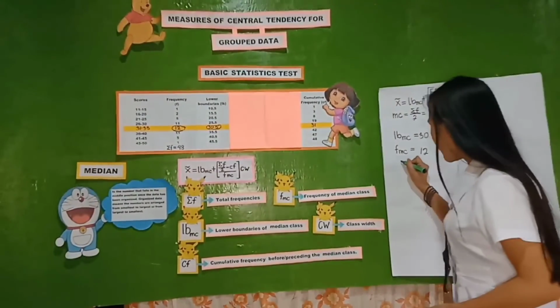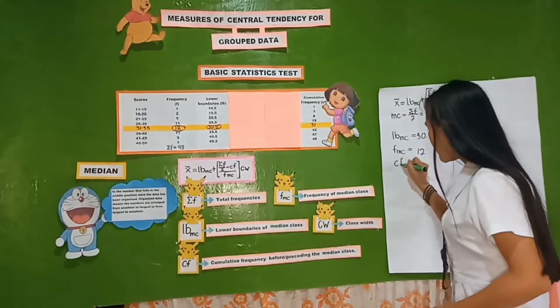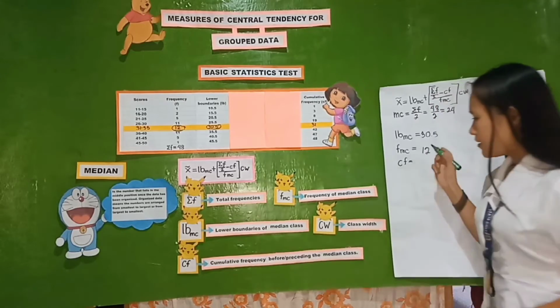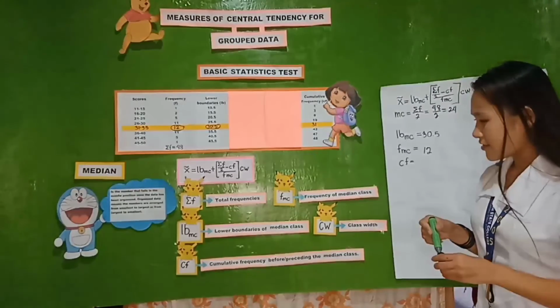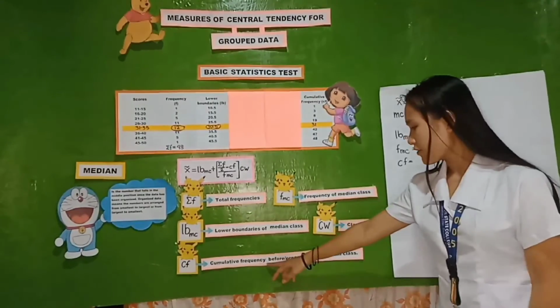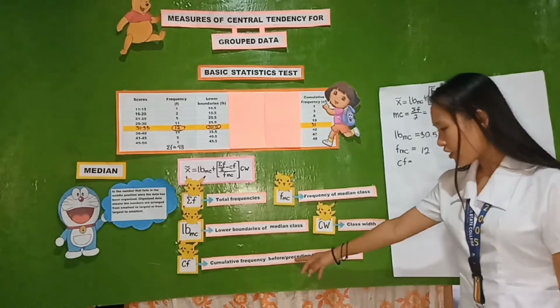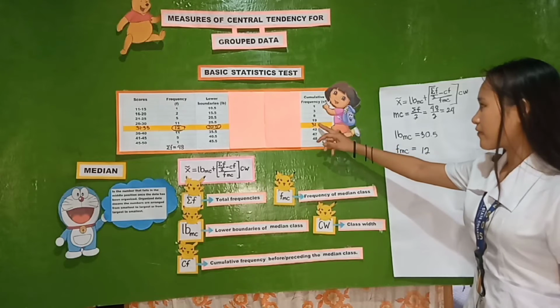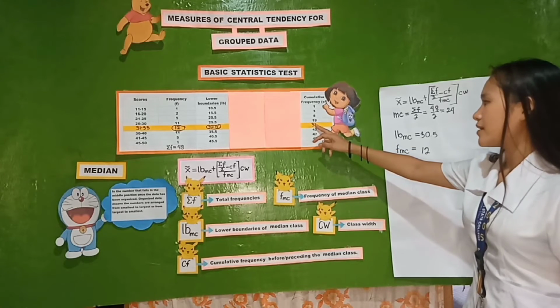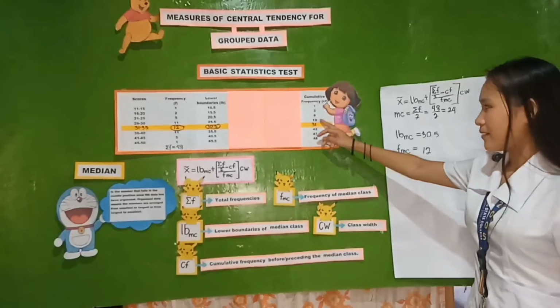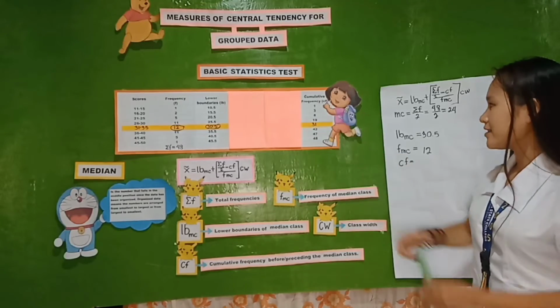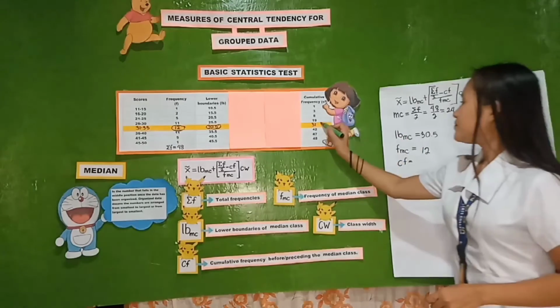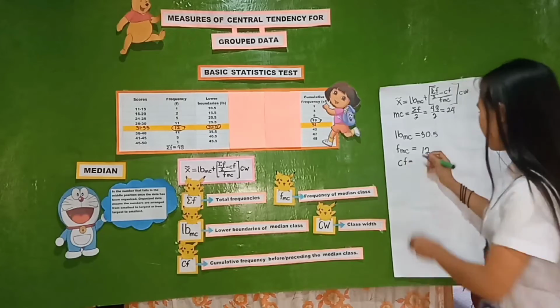For our CF or cumulative frequency, it was stated here that cumulative frequency is before or preceding the median class. So 19 came before the 31. So 19 here is our CF.